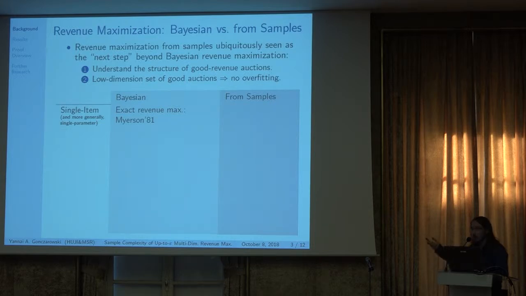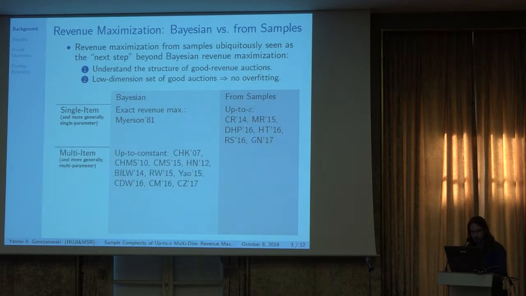Myerson's 1981 seminal work, which also led to a Nobel Prize for him, completely and exactly solved Bayesian revenue maximization for a single item. A series of papers in recent years has used the insights from Myerson's optimal auctions to show how to learn an auction that's up to epsilon optimal from polynomially many samples.